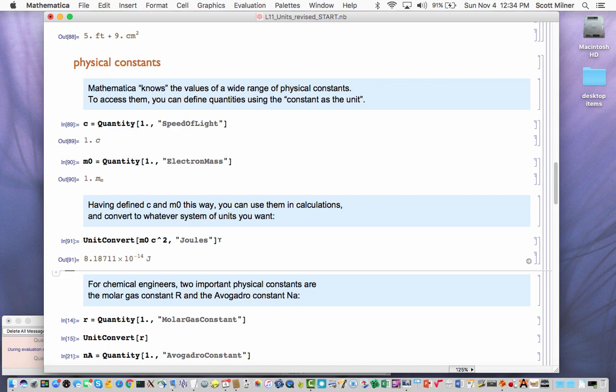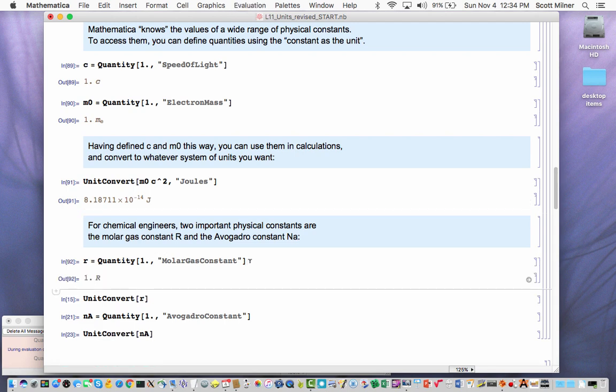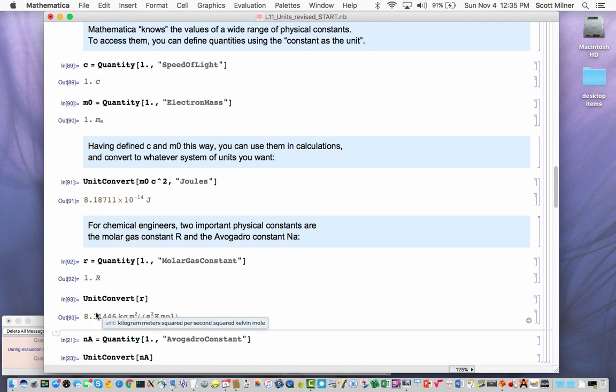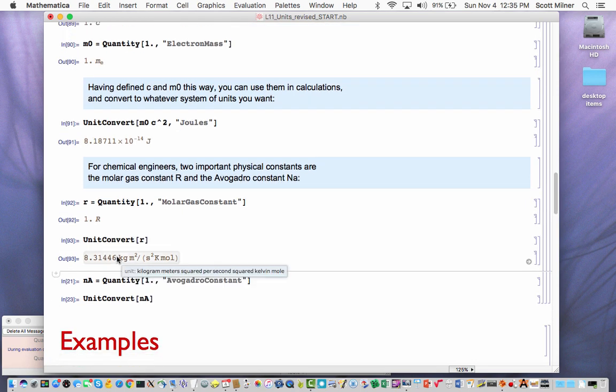For chemical engineers, two of the most important physical constants are the molar gas constant R and the Avogadro constant N sub A. And to access those, you simply define R to be the quantity 1 in units of the molar gas constant, and it gives you back, like above, 1 times R. If you unit convert that, in other words, to SI units, you get the familiar 8.314, etc. And it's giving you in SI units.